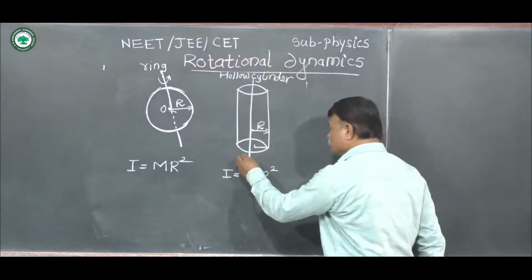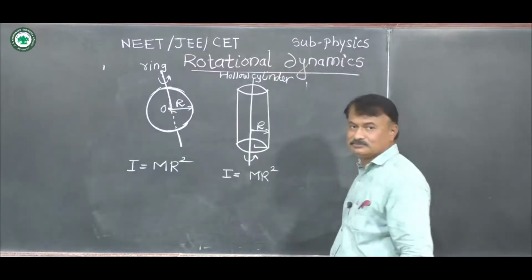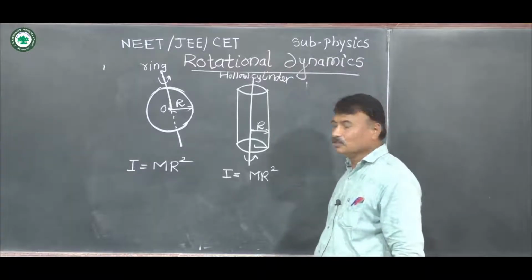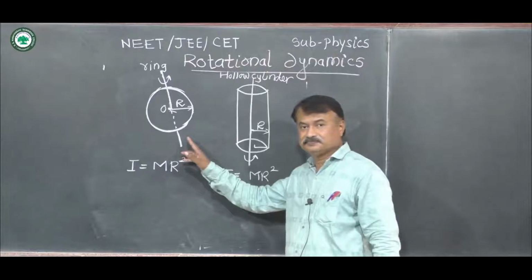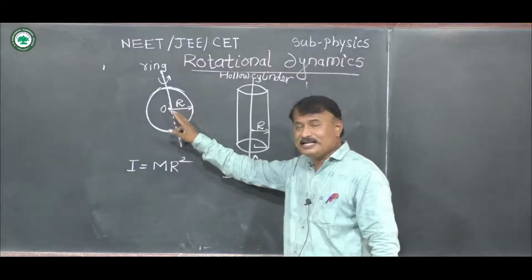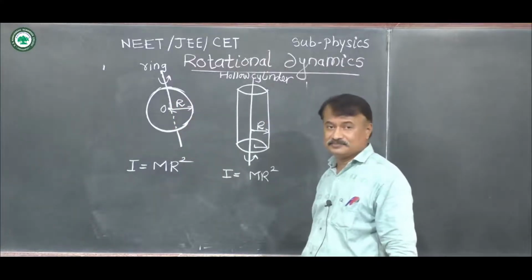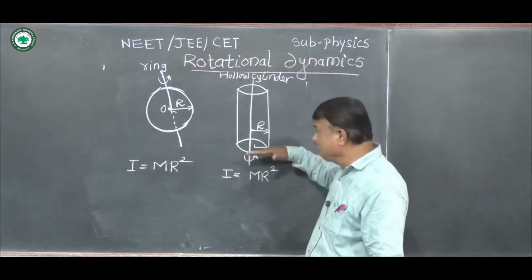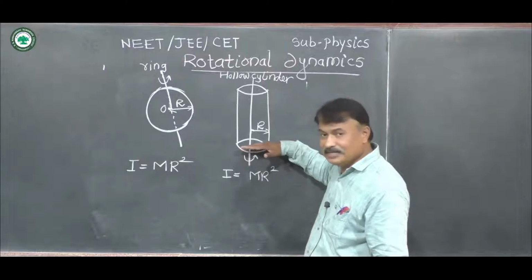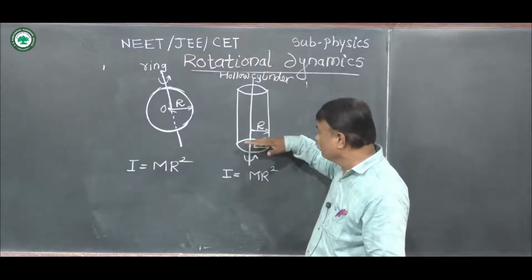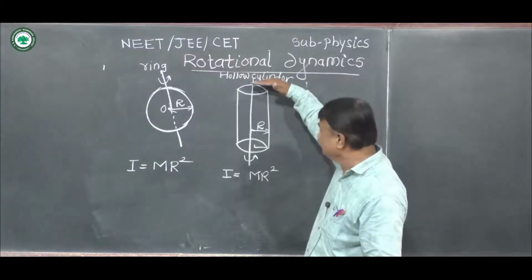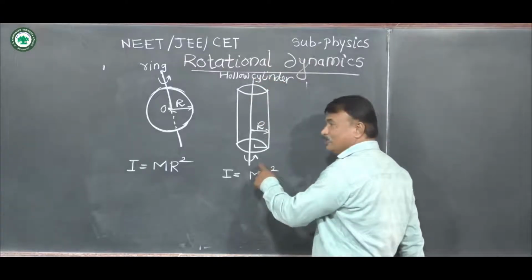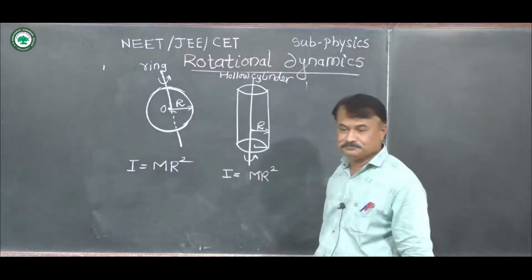If this hollow cylinder rotates like this, the moment of inertia is the same. So remember, for a ring and for a hollow cylinder, the moment of inertia is the same. Here we take a ring and one above the other ring, then there is formation of a hollow cylinder, and therefore its moment of inertia is the same.